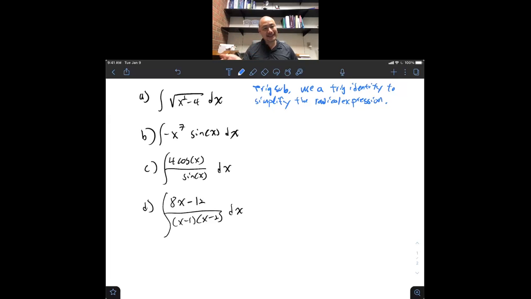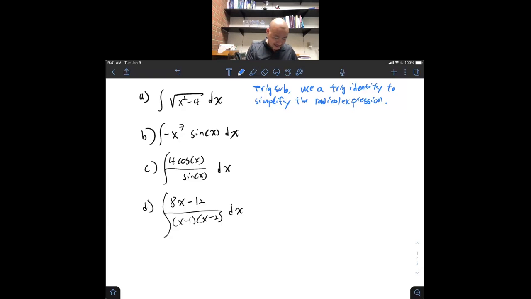For the second part, B, I have the product between a power function, x to the seventh, and sine of x, which is a trig function. Again, there is no natural substitution here, but by repeatedly employing parts, we could lower the power of the x to the n term, the x to the seventh term, until it were just a constant, and then you could just anti-differentiate the remaining trig term, whether it was a sine or a cosine at that point.